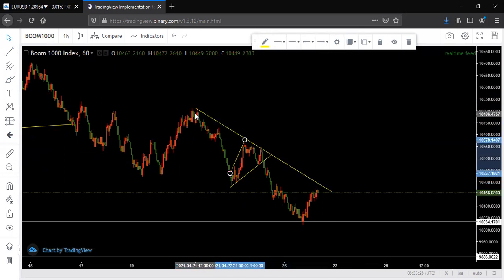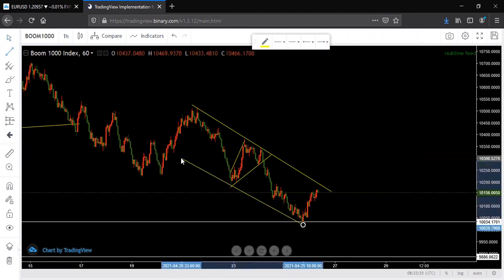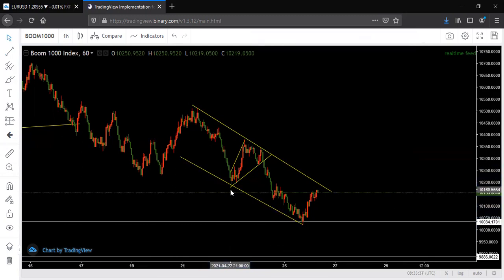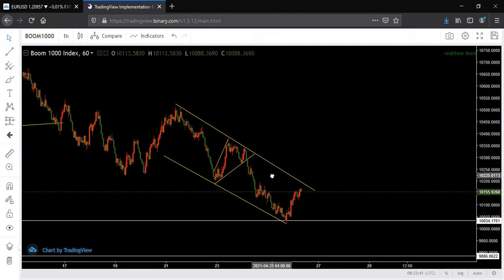So you see, when we are trying to draw this trend line here, we are having this kind of pattern. So you have to be aware, guys. Then I will draw another trend line here. Then I will tweak this trend line here. So you see, it's like this, guys.